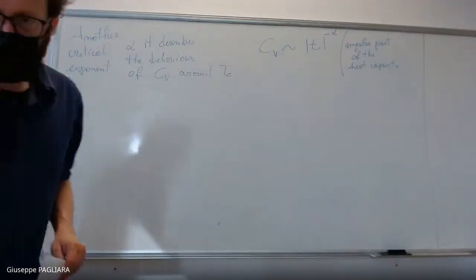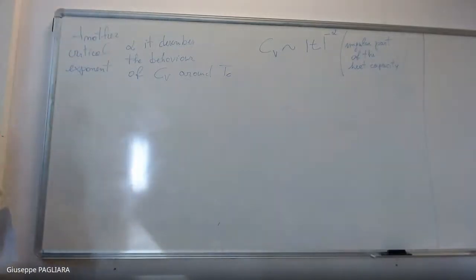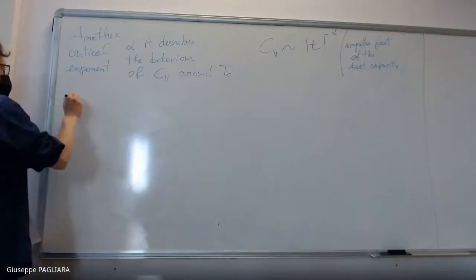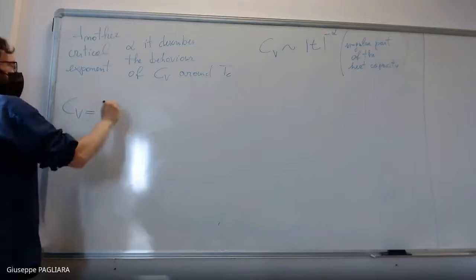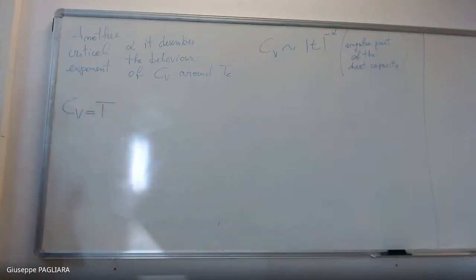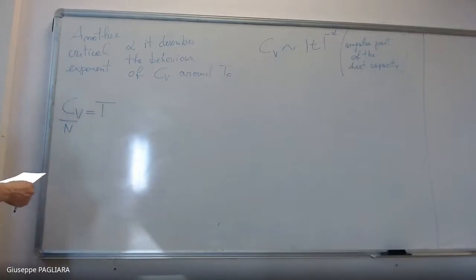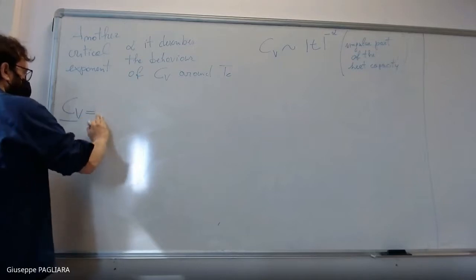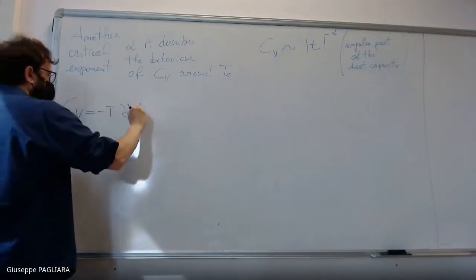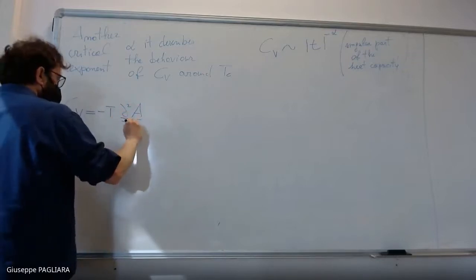Okay. Now we can try to compute this critical exponent in the case of this mean field approximation for the two-dimensional Ising model. Let's sketch the calculation. It's a little bit boring, so I'm not going to do it fully. But the starting point is that CV is equal to minus T times the second derivative of A with respect to temperature.